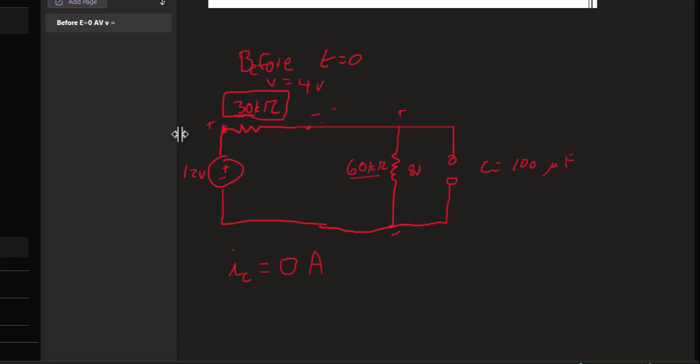But what you are expected to be able to do is voltage division. So to find the voltage across the 60 kiloohm resistor, you take the total voltage change across both resistors, which is 12, times the resistance of your resistor, which is 60 kiloohms, over the resistance of both resistors in series, which is 90 kiloohms.